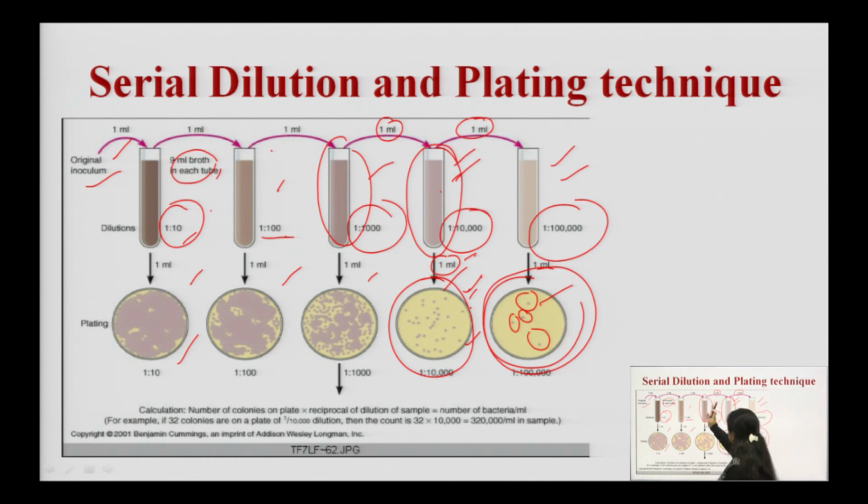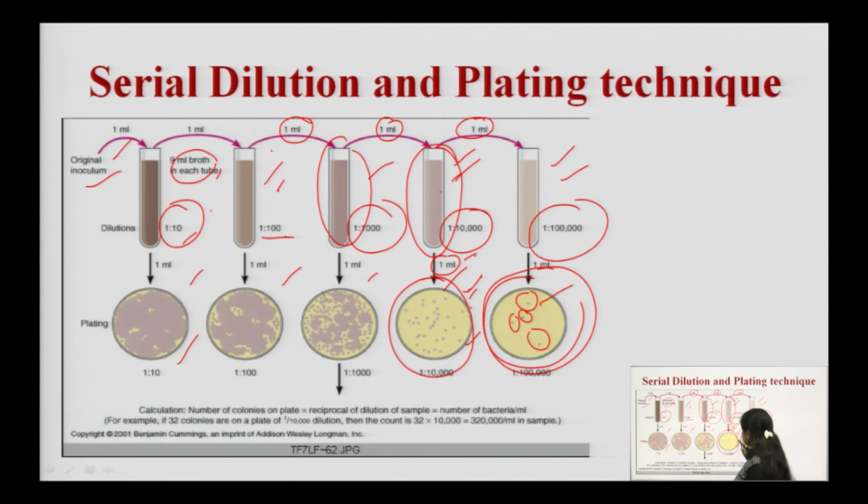And now again we will move back, as there was 10,000 times dilution and this 1 ml was containing a total of 550 bacteria, so 5500 bacteria, that 1 ml was taken from this. This indicates that this test tube contains 10 times more bacteria. If we have 5500 in this, then this will contain 55000, meaning we have diluted 10 times from this to this, from this to this, and from this to this.